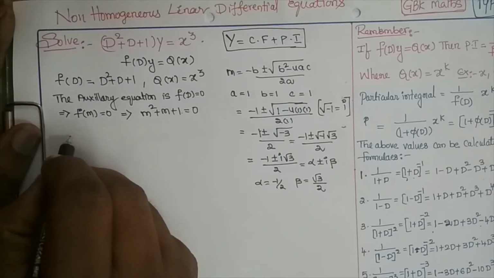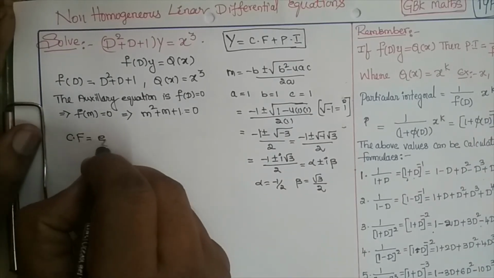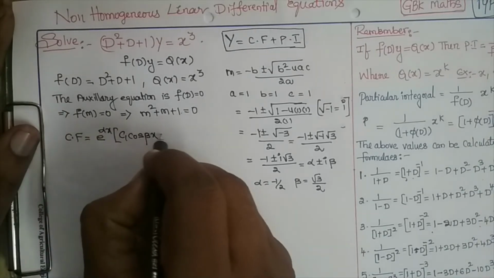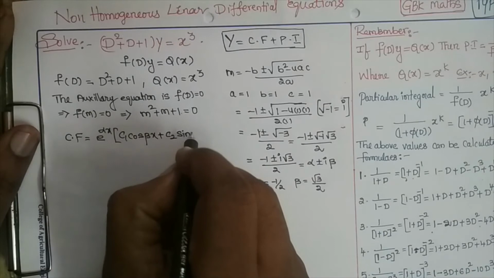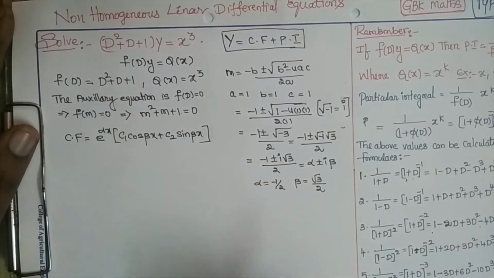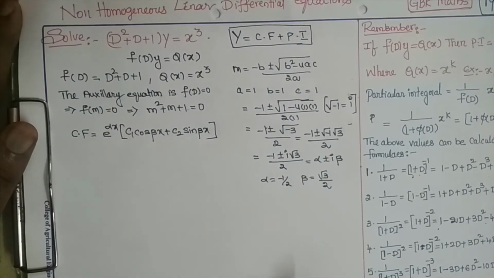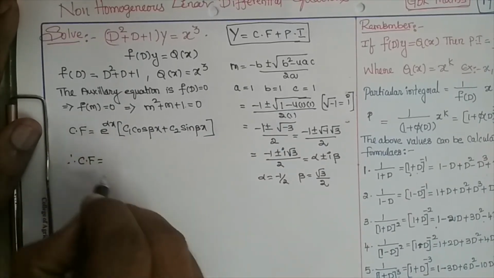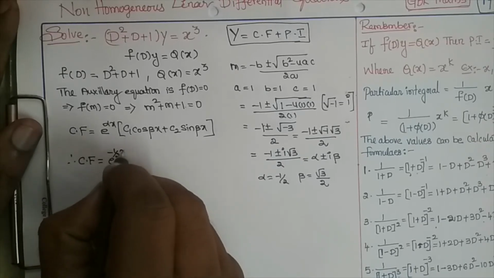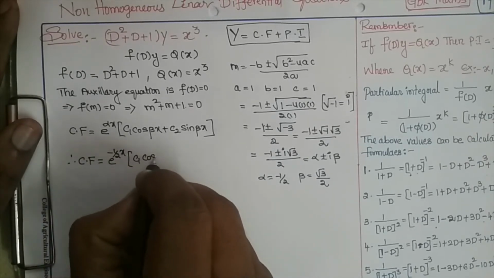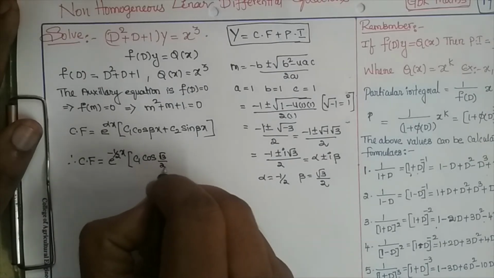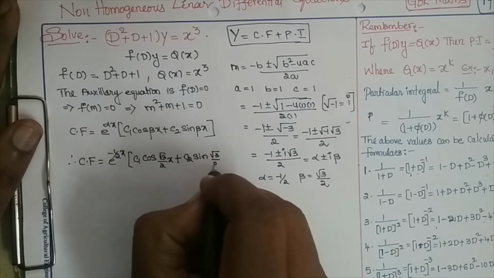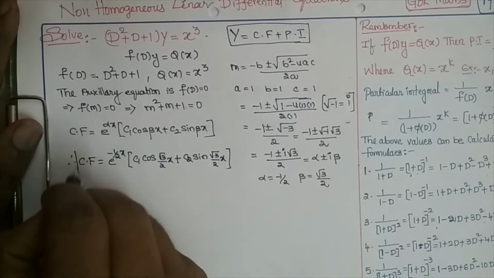This is the general formula for the complementary function for complex roots. Therefore the complementary function for this problem is e power minus 1 by 2 x into c1 cos root 3 by 2 x plus c2 sin root 3 by 2 into x. This is the complementary function.